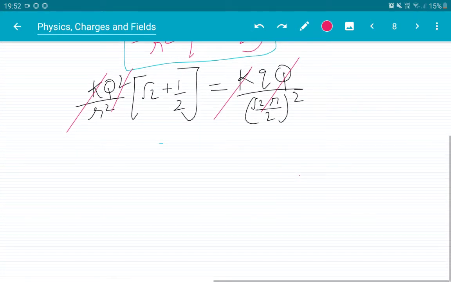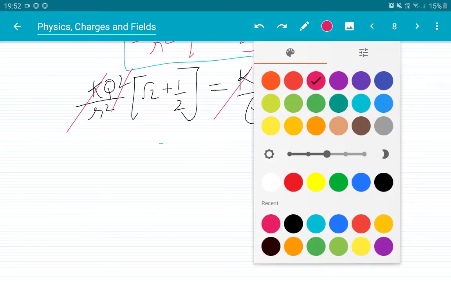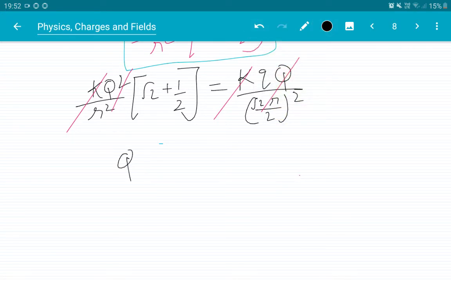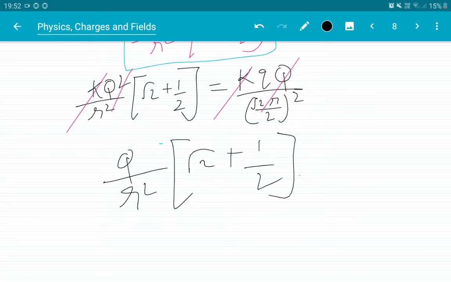Next step, so Q by r square times root 2 plus 1 by 2, then we get 4q by 2r square.